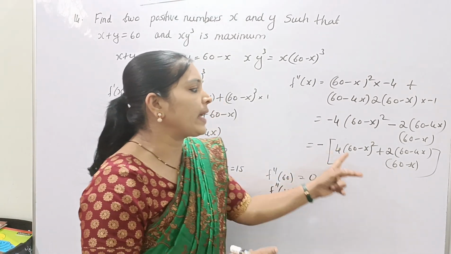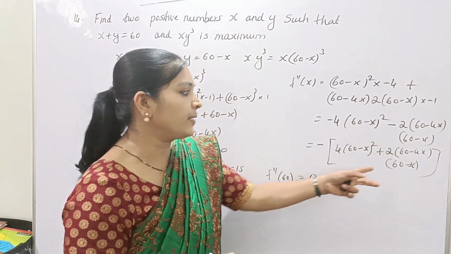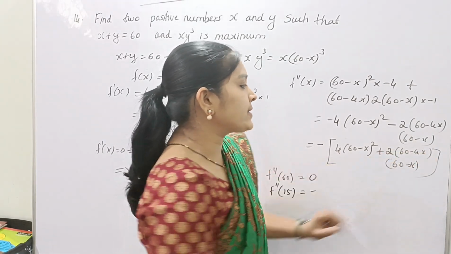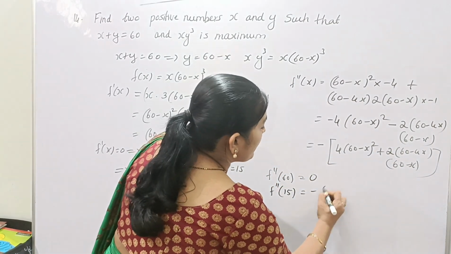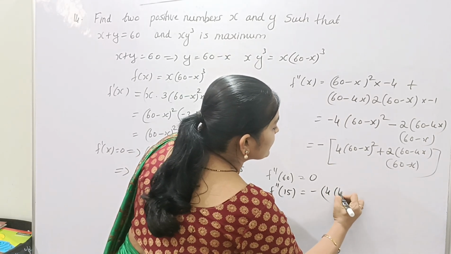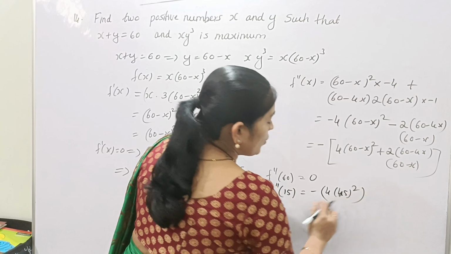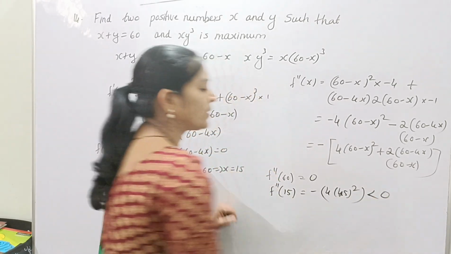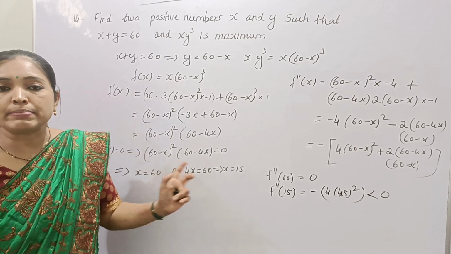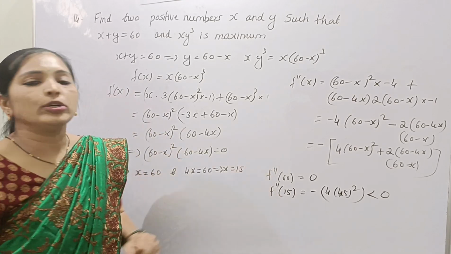When you substitute x = 15 here, this term 60 − 4x will be 0. So minus of 4 into (60 − 15), that is 45 squared. So it is always less than 0. That means this function f(x) attains its maximum value at x = 15.